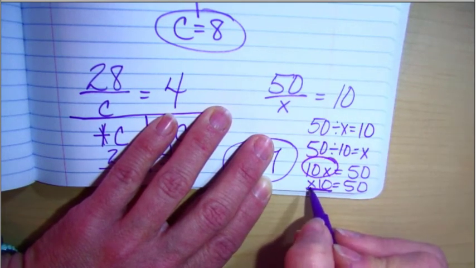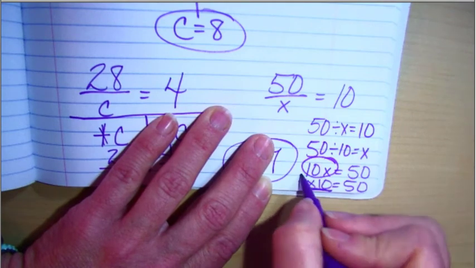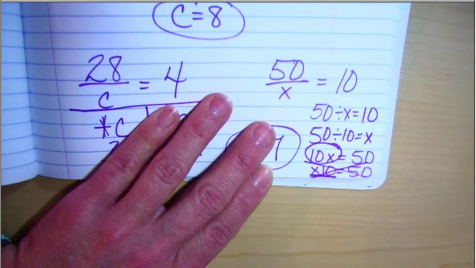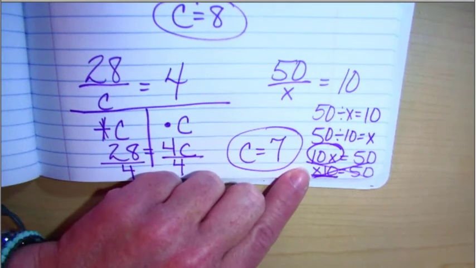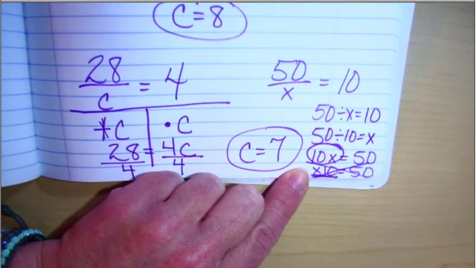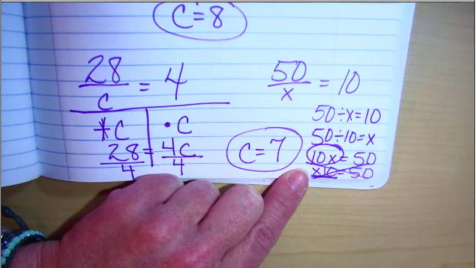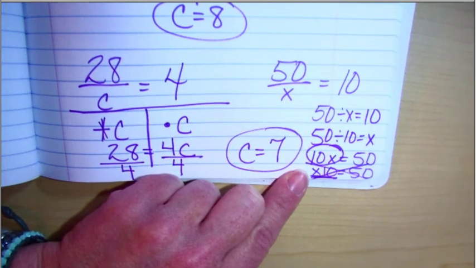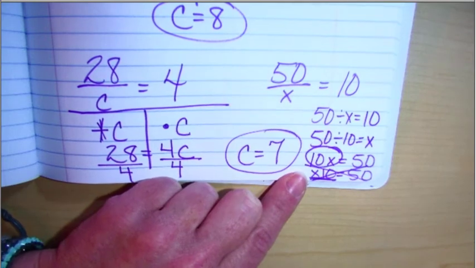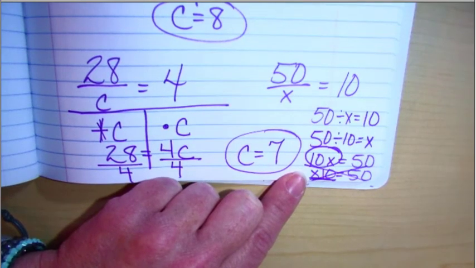I saw someone trying to put the variable first. That's not going to be right. I've never seen any math book or any math worksheet anywhere with a variable first. Got it? Variables always come after the number because a coefficient is set up with a number and a variable every single time. Make sense?